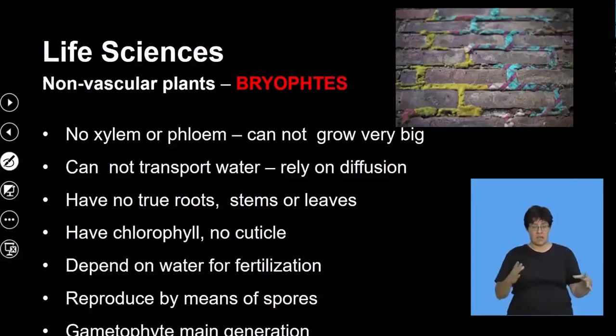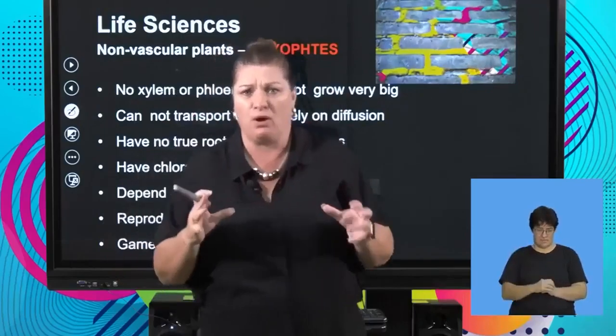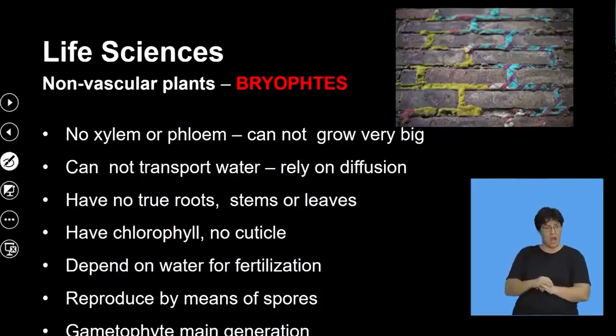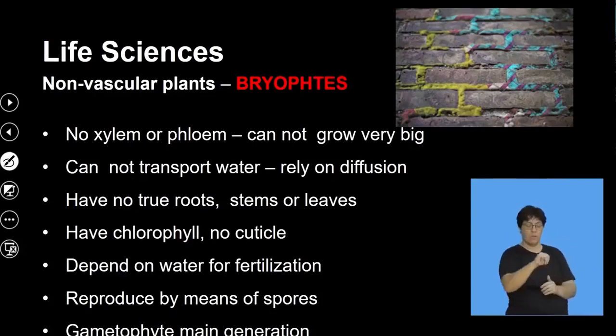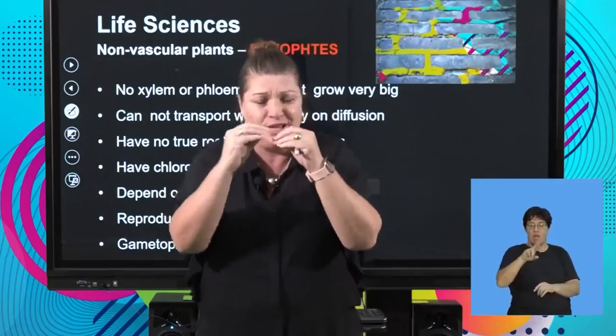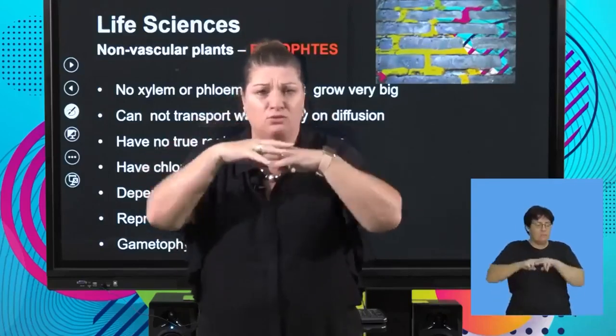Okay, guys, before we have a break, we're going to start off looking at our moss plant. I've done a picture over here. You've got to have the picture in your head. We looked earlier, moss can't grow very big. There's no vascular tissue. It's totally reliant on water.